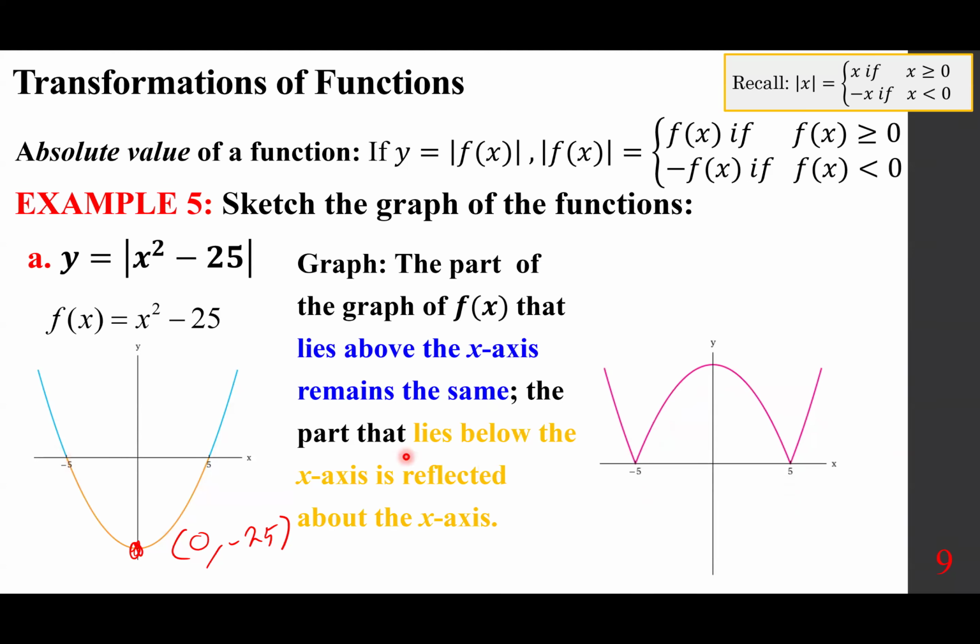So this flips over because it's negative by definition of an absolute value. So y equals absolute value of x squared minus 25.